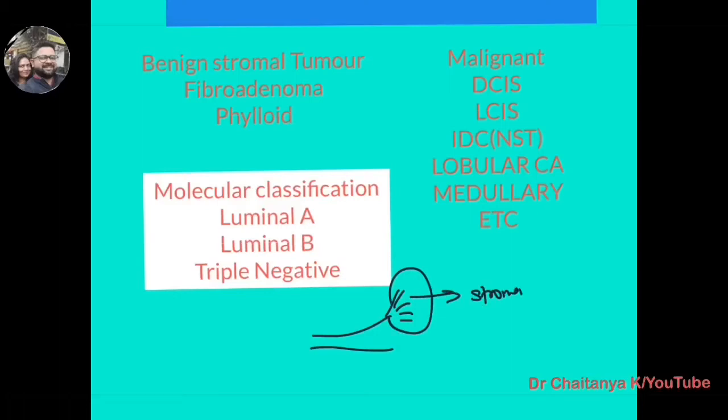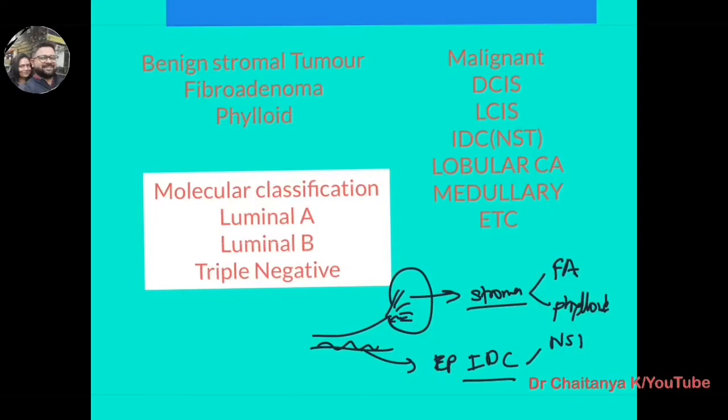If any benign tumor arises from this stroma, it is called fibroadenoma or phyllodes. The tumor arising from the epithelium anywhere in the duct is called an epithelial tumor or invasive ductal carcinoma. It may be of many types: no special type, or medullary tumor, mucinous tumor, or lobular carcinoma.